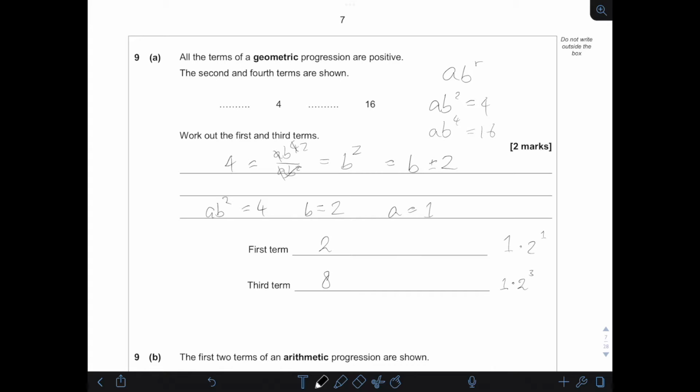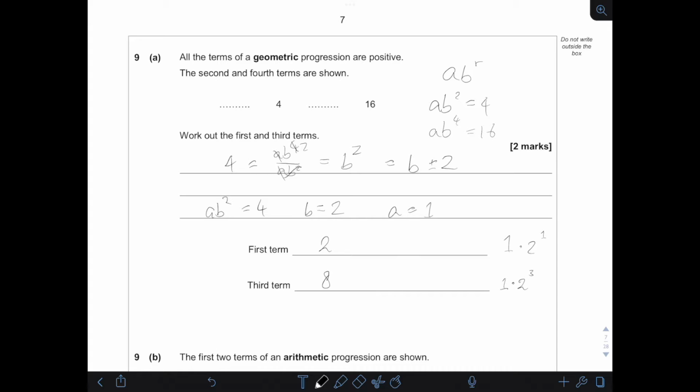Now, this question has two valid answers in theory, because minus 2 for b is also valid, because you can't distinguish between minus 2 and plus 2 in this case.